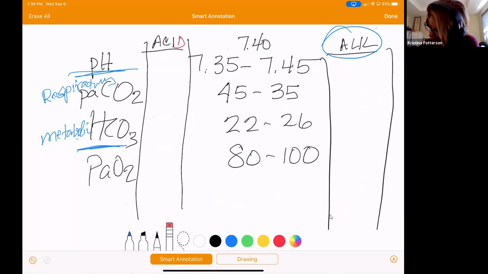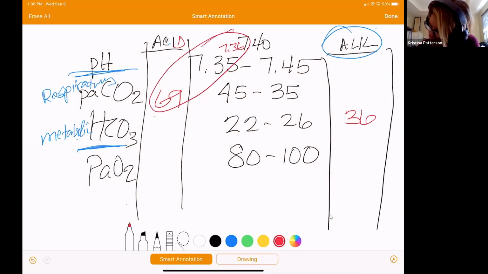Okay. So 7.36 is right here. And 69 is right there. And 36 is all the way over here. So we have a respiratory acidosis that is compensated, and it is fully compensated because the pH is within normal limits.